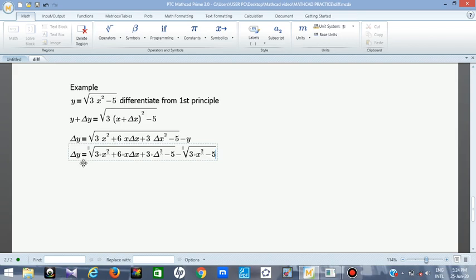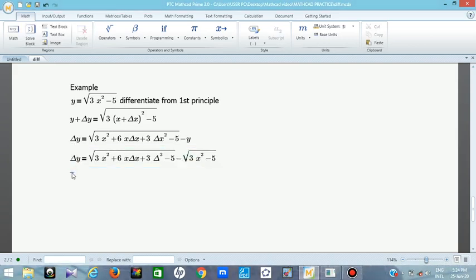Then from here, the next thing we need to do is divide both sides by delta x.